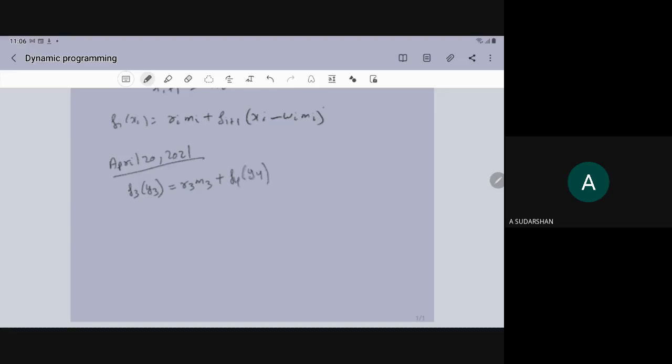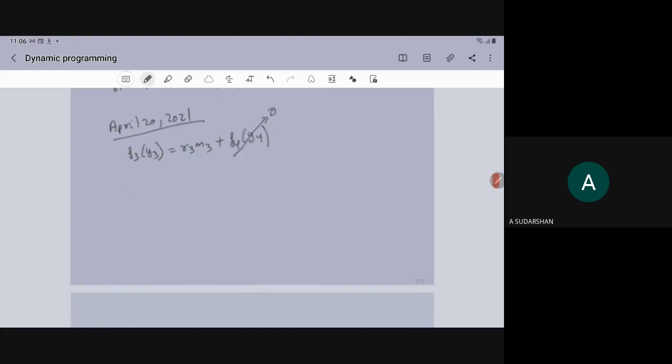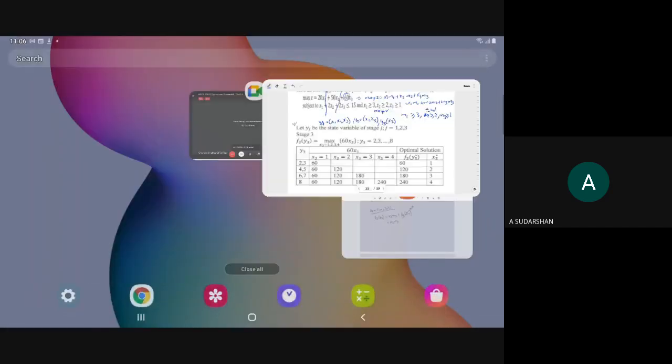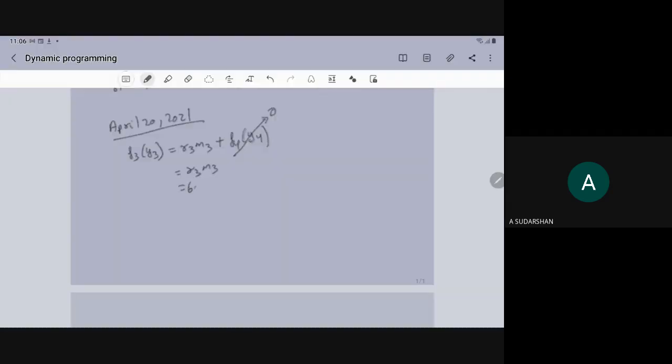And you know that there is no stage 4, so this is always equal to 0. So this becomes R3 M3. For the given question, R3 is given as 60. So it becomes 60x3. So here we write F3(Y3) equals 60x3.